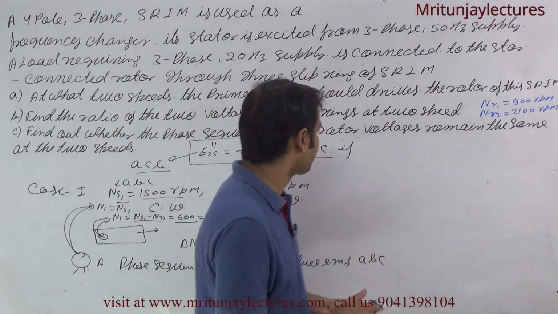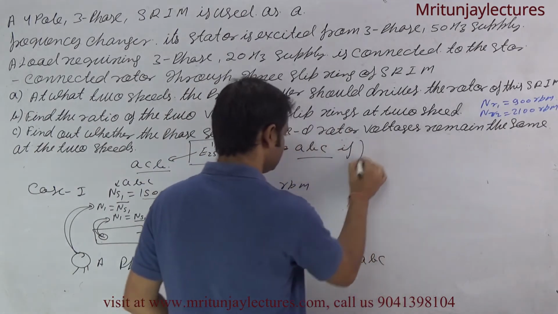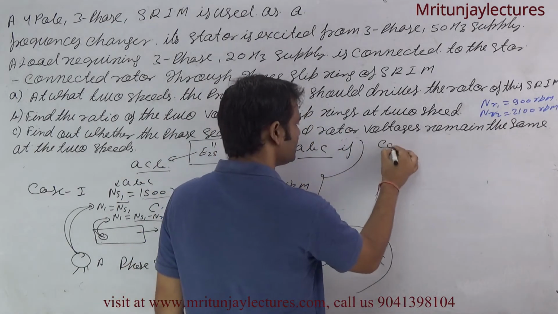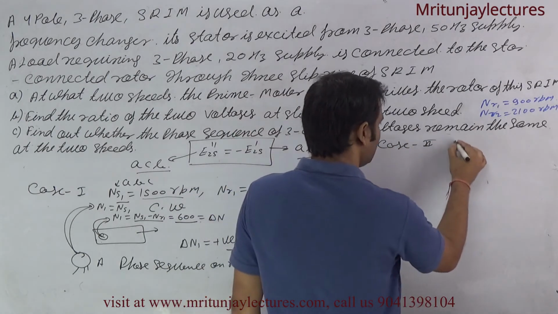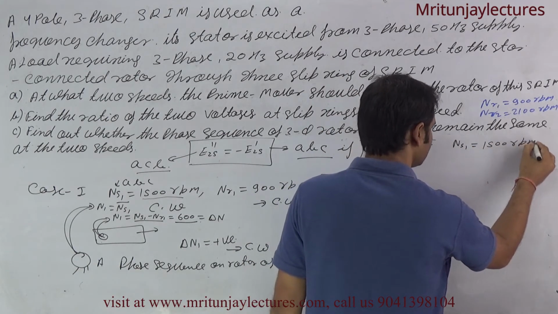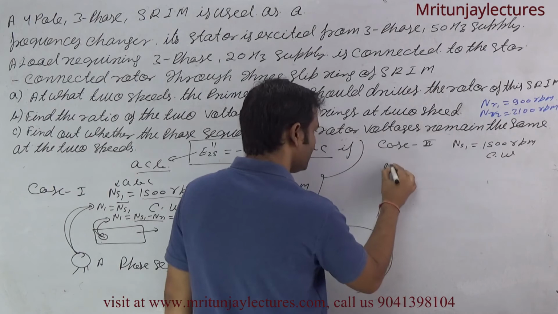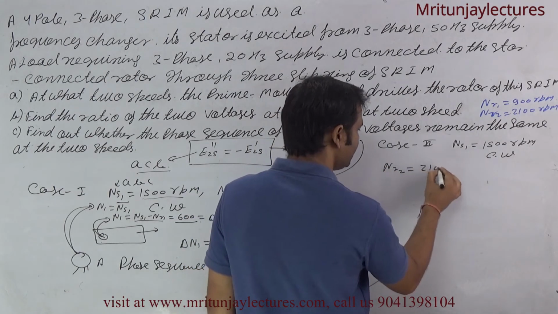Another way, case second: NS1 is 1500 RPM, clockwise, and NR2 is 2100 RPM.